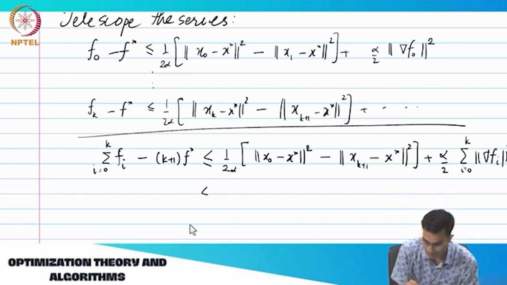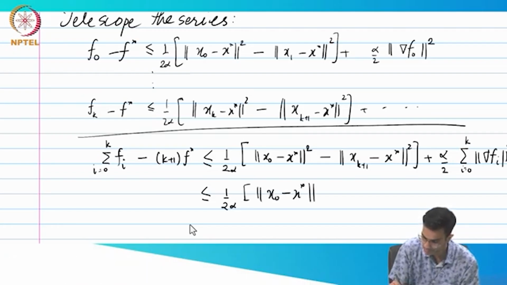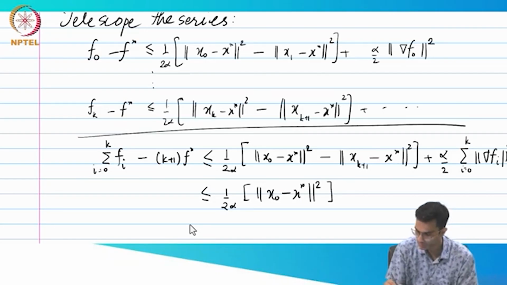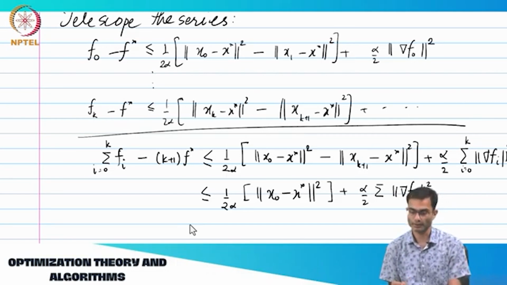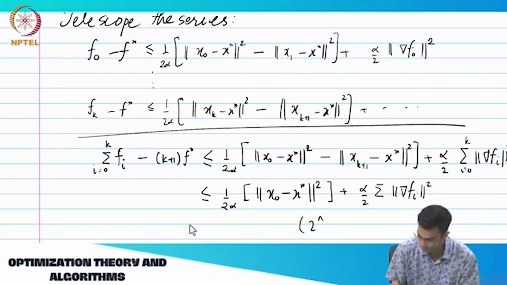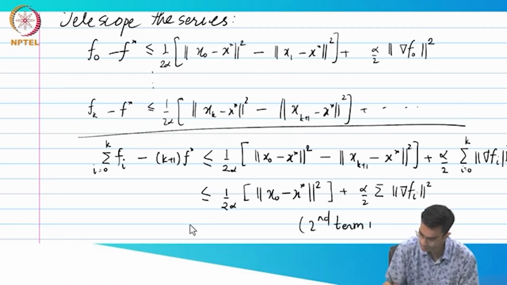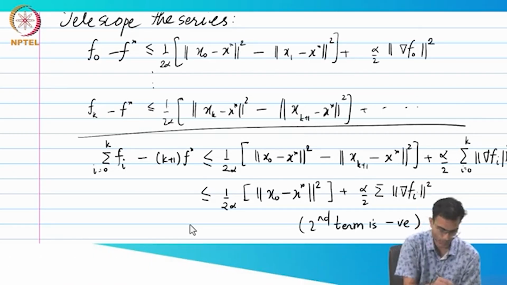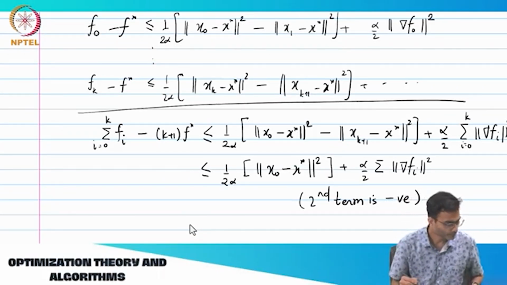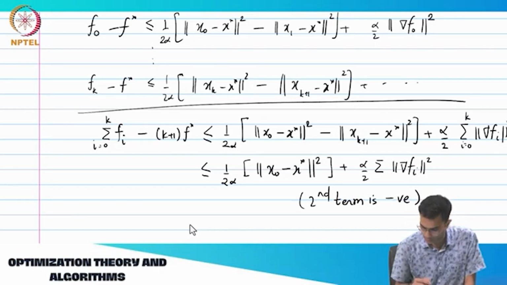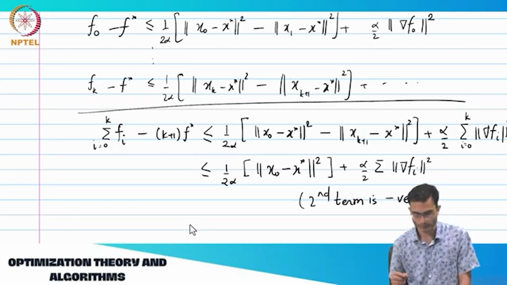So I can as well write this as 1 by 2 alpha x naught minus x star squared plus alpha by 2 summation of grad fi, right? Because the second term does not affect the inequality, okay. So we are getting there.